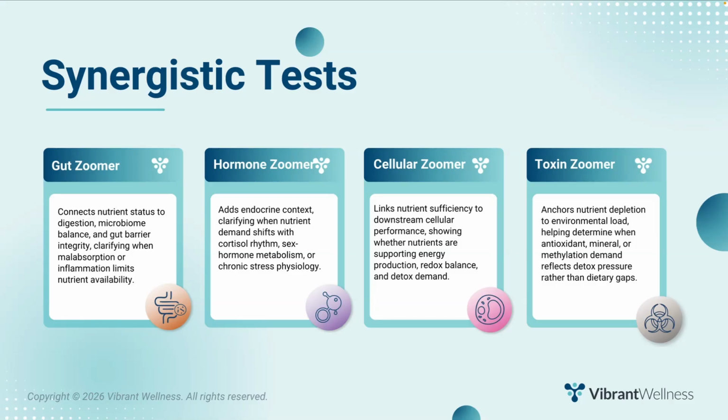Also, the cellular zoomer, which links nutrient sufficiency to downstream cellular performance, showing whether nutrients are supporting energy production, redox balance, and detox demand. And finally, the toxin zoomer, which anchors nutrient depletion to environmental load, helping determine when antioxidant, mineral, or methylation demand reflects detox pressure rather than dietary gaps.